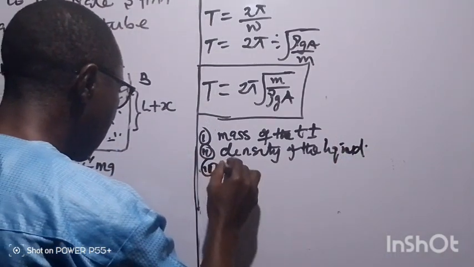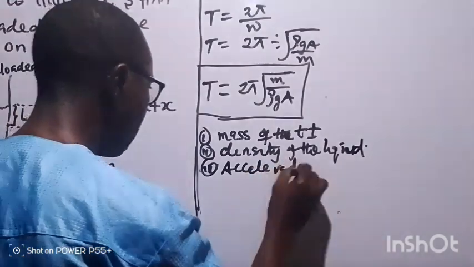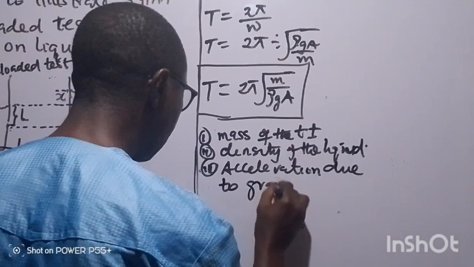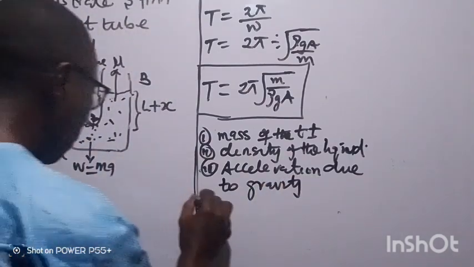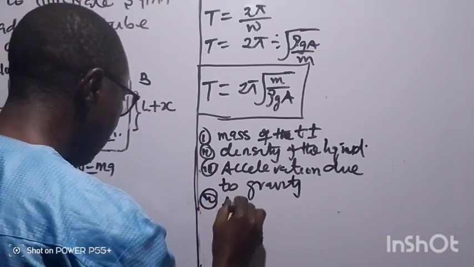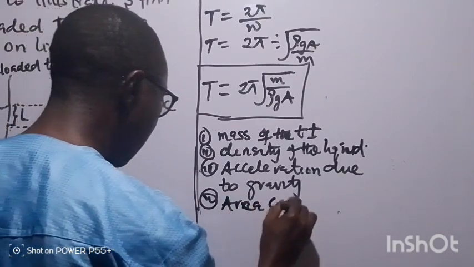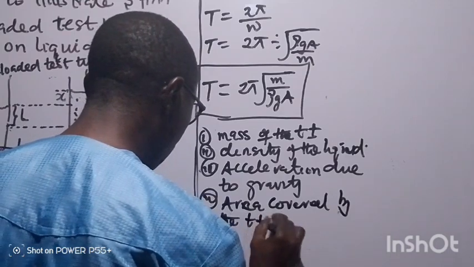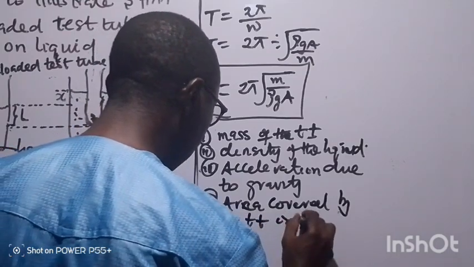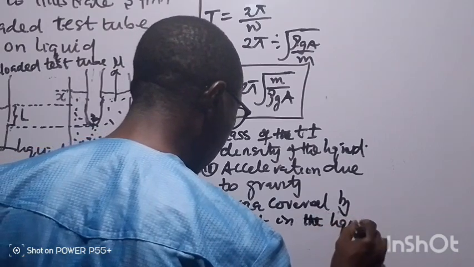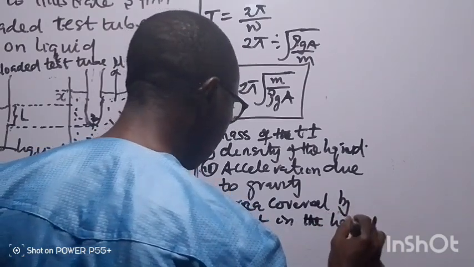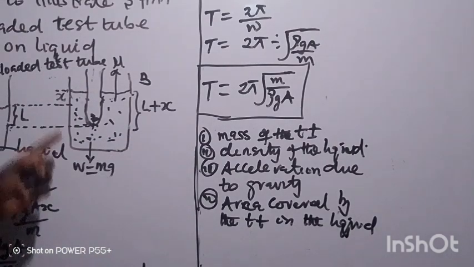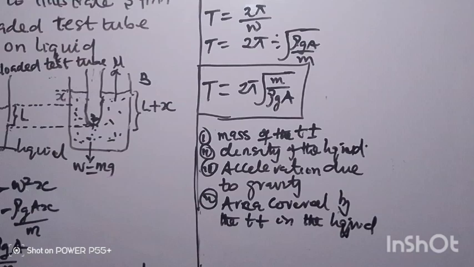Acceleration due to gravity. And 4. Area covered by the test tube on the liquid. So these are the properties of period of a loaded test tube placed on water.